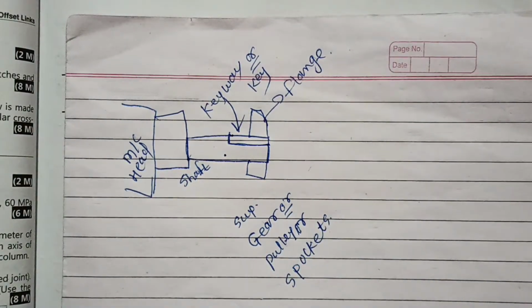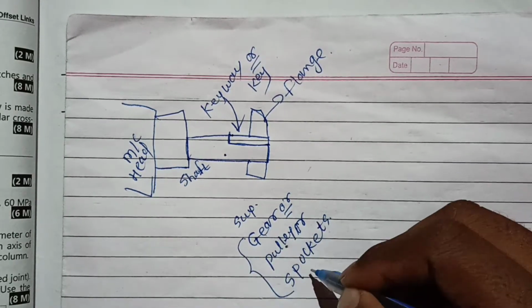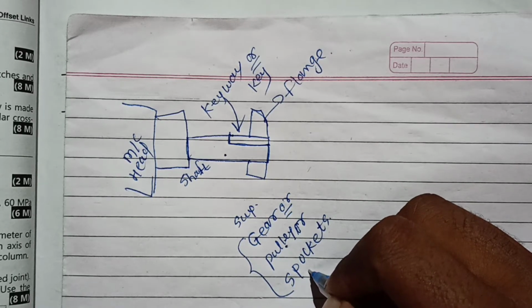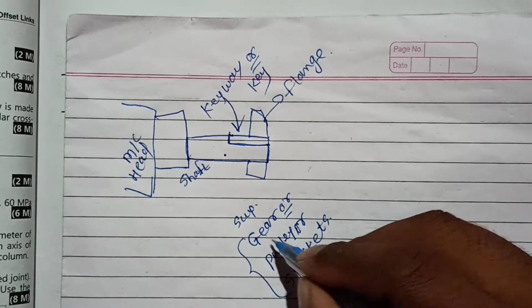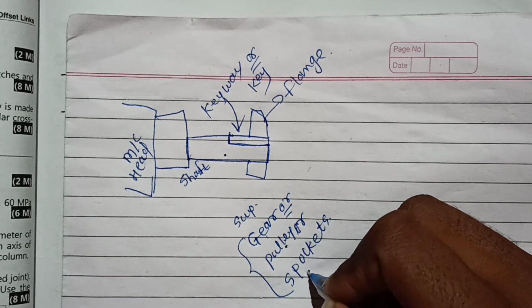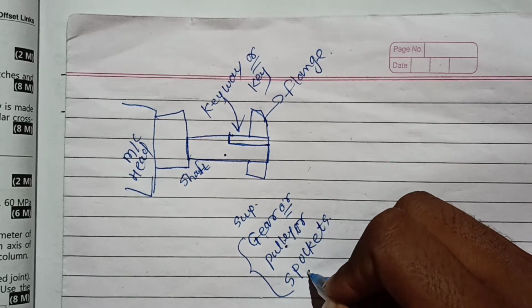What is the purpose or use of shaft? It is used to support the gear, pulleys or sprocket. Due to this gear, pulleys or sprocket, it is possible to transmit the motion or power from one point to another point.